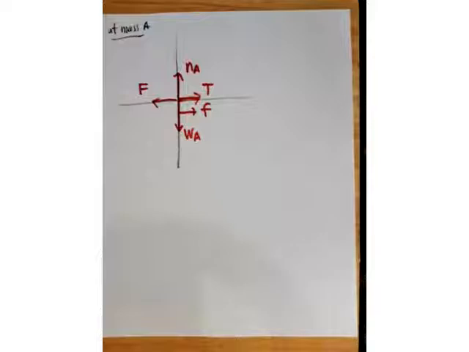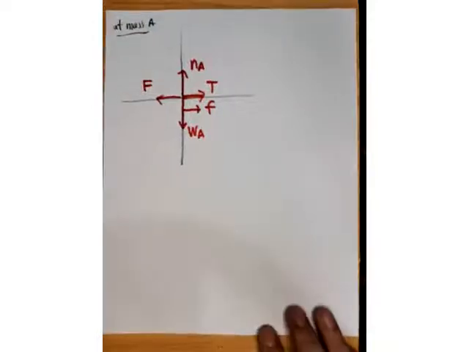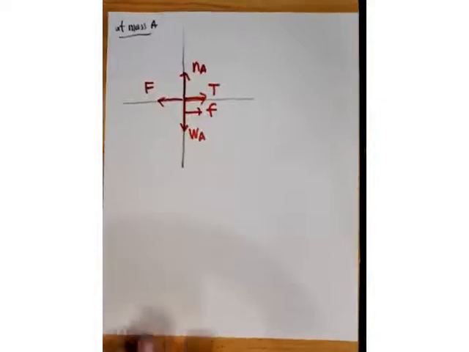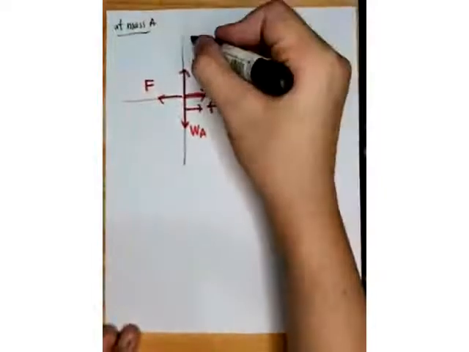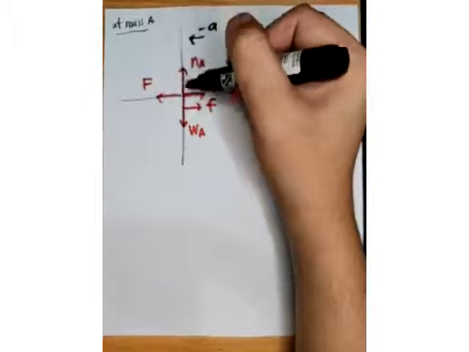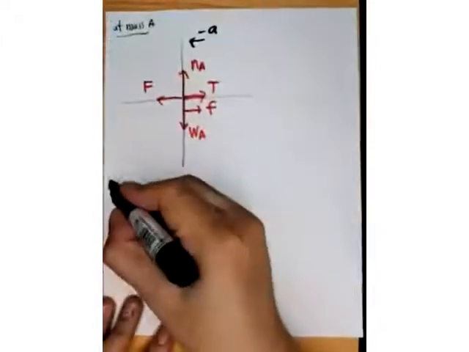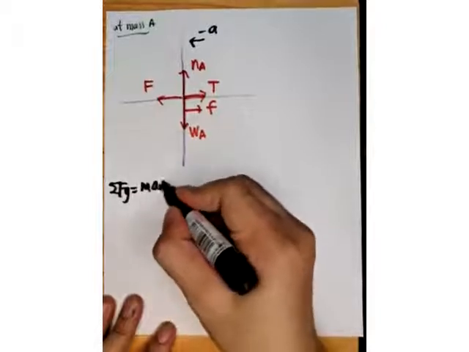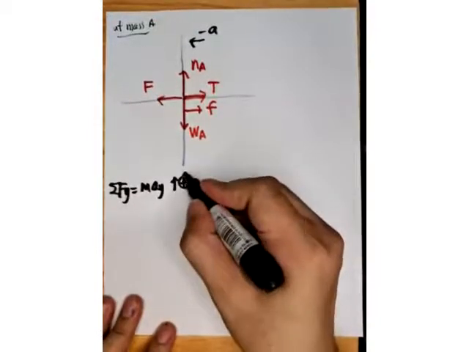Okay, class. Like I said earlier, when we are given a coefficient of friction, you should still first find the normal force. The acceleration is toward the left, negative a. The normal force is along y, so we start with y. Summation of forces along y is m a y, with upward positive.